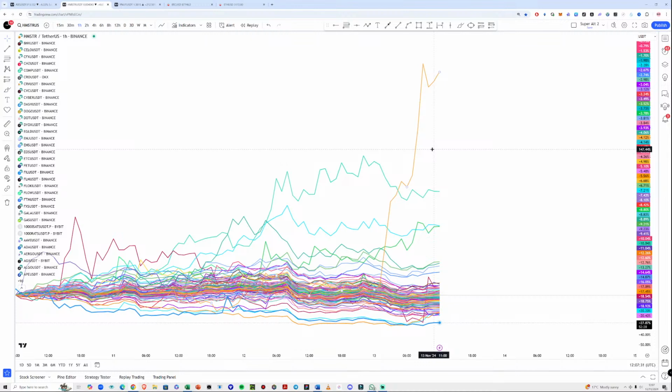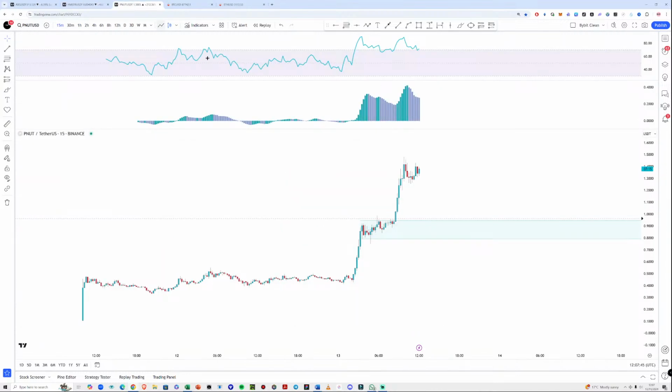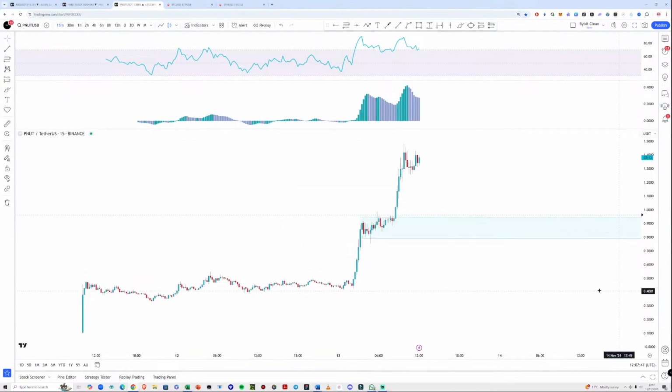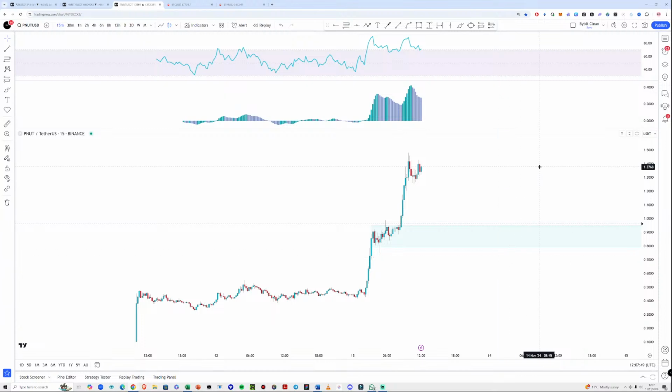So constantly scan for new listings and then update your overlays as you go along. For instance, when I'm scanning, I'd click on this, I'd see it's Peanut, then go over to a blank chart, and you can see that I've already set this up from this morning.